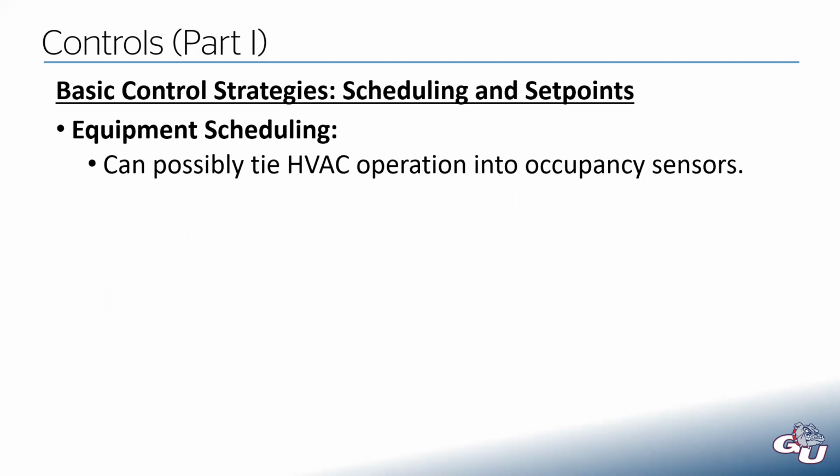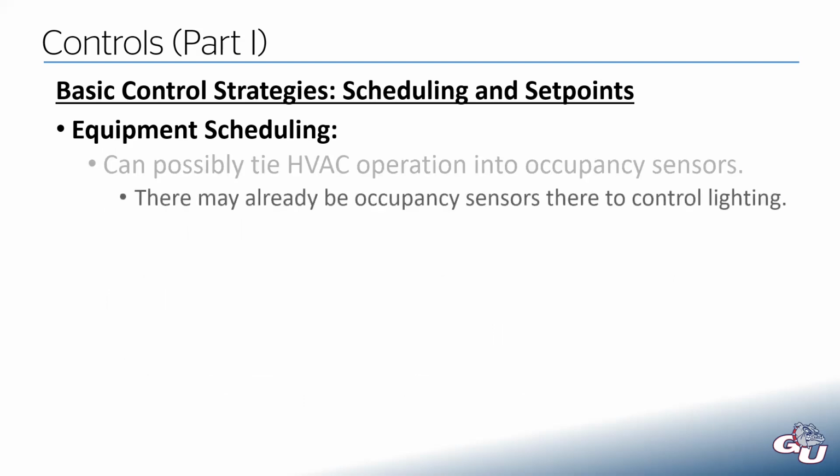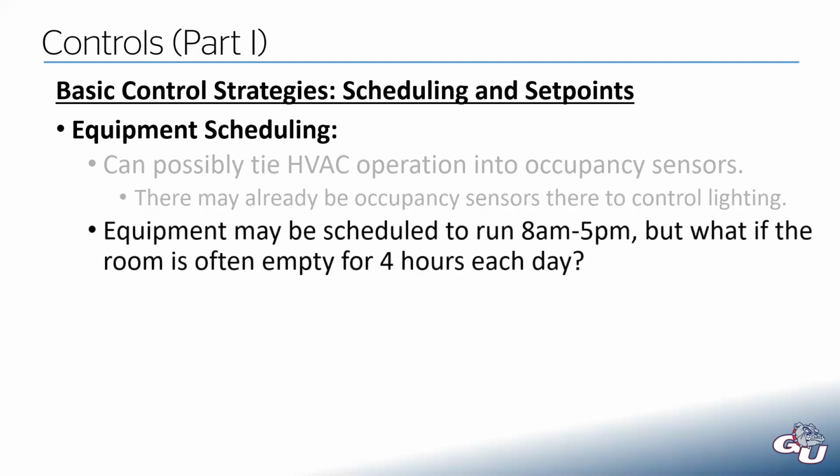And for some synergy, you might be able to tie your HVAC operation into occupancy sensors, which might already be there to control lighting. So that could be a very low cost option as well. You might say, well, my equipment's scheduled to run 8 to 5, but the room's empty for several hours every day.